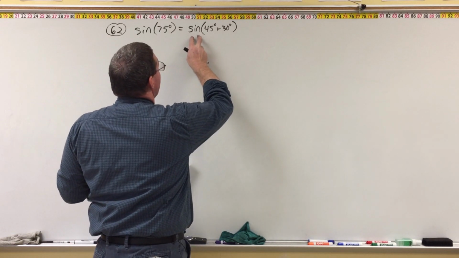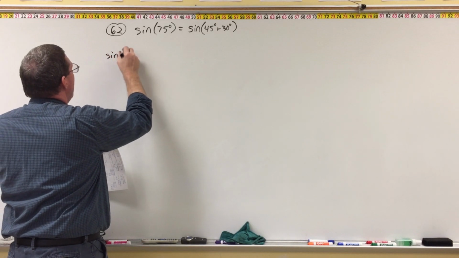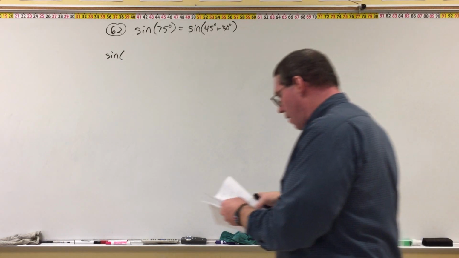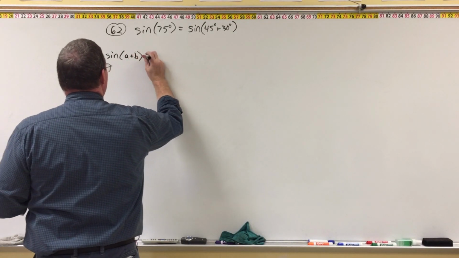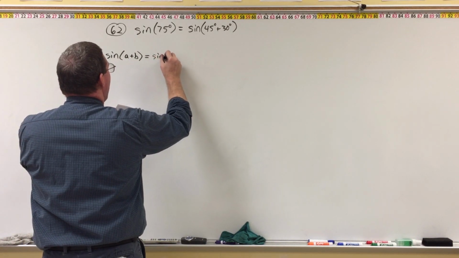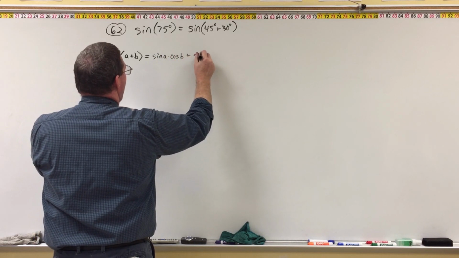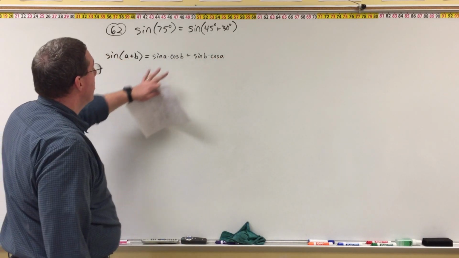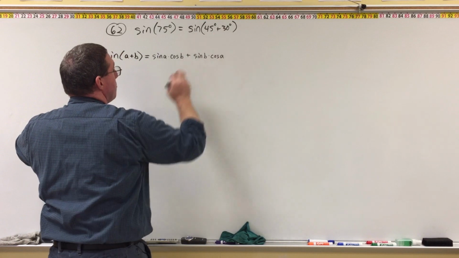But there's a formula that says sine of alpha plus beta, let's just say a plus b, sine of a plus b is equal to sine of a times cosine of b plus sine of b times cosine of a. And so here's what we're going to do to calculate this sine of 45 plus 30.